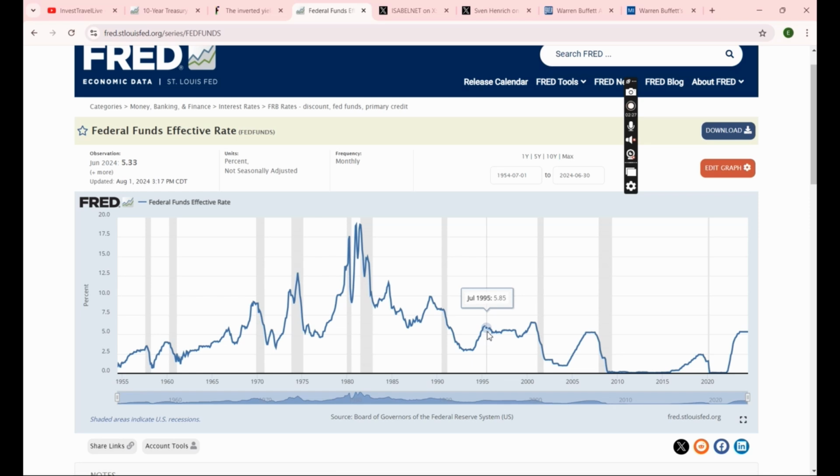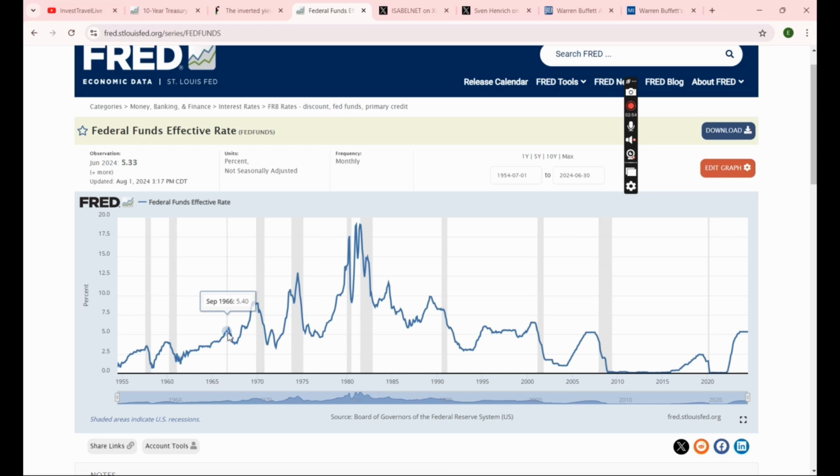For example, in 95 we had some rate cuts, twice actually, and then we didn't have any crash then. Same in 1984, we had the rate cuts there, no crash. But most of the time, probably like 80 to 90% of the time, you should expect to have some sort of crash.